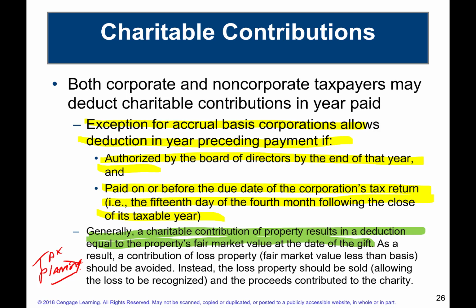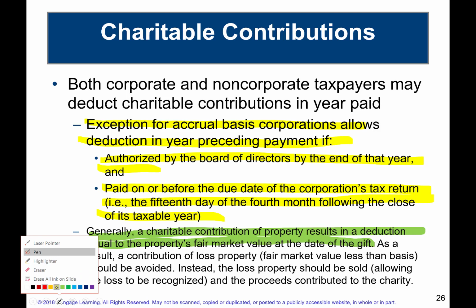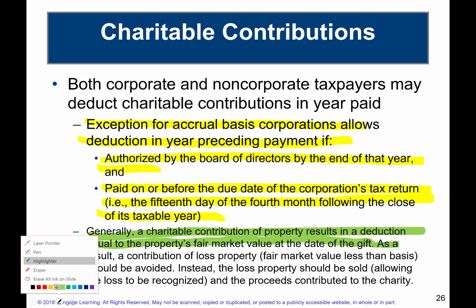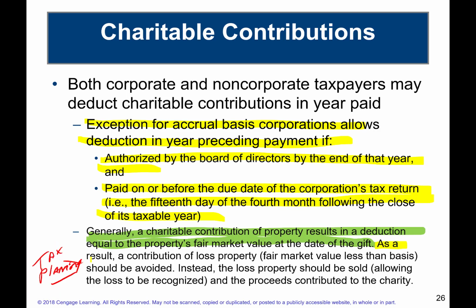Okay? But let's take a look. They tell us as a result, a contribution of lost property, fair value is less than basis, should be avoided.